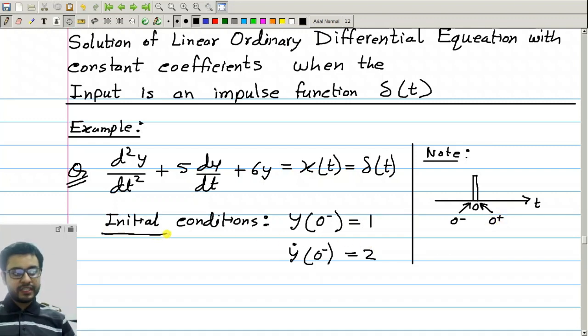Therefore, the initial conditions are given at the moment when the input just starts. That means before the input can have any effect, or before the input can change the output or the system.